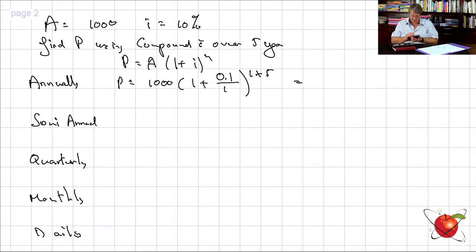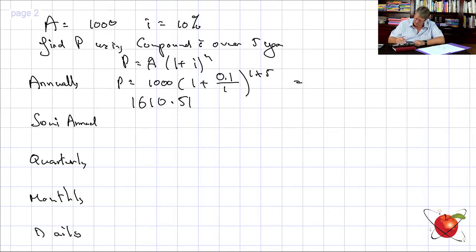So it's going to be 1 plus 0.1 equals that, all up to the power of 5 equals that, times 1,000, 1,610.51. Right, you can call that dollars, you can call it pounds, whatever you wish.